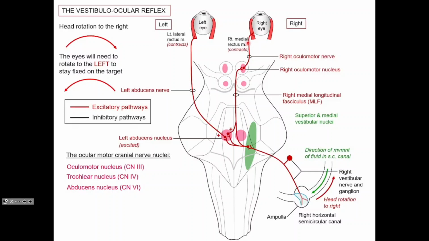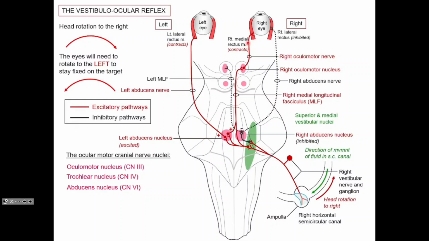And then the other thing which is important is that it is also going to inhibit the right abducent nucleus, and through the MLF it is going to inhibit the left medial rectus. The result of this is that your eyes are going to turn towards the left. This is your slow phase.